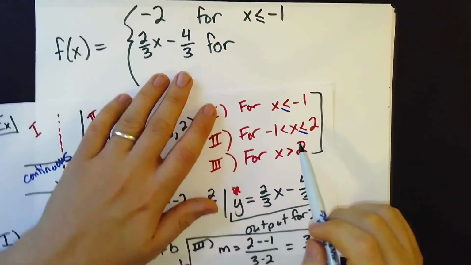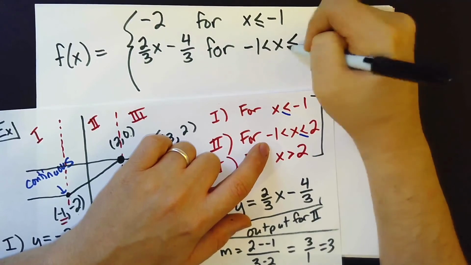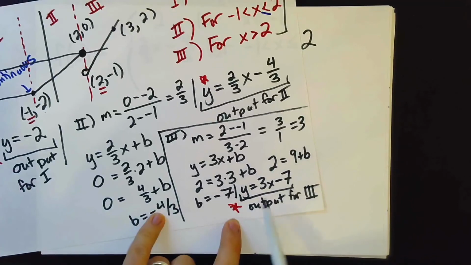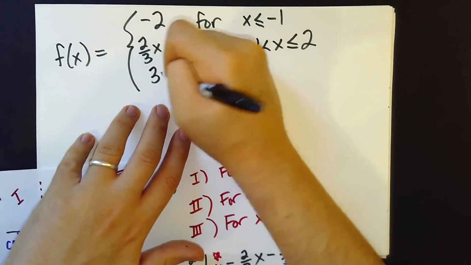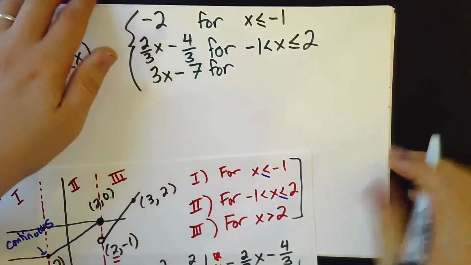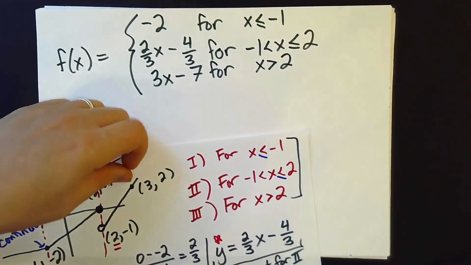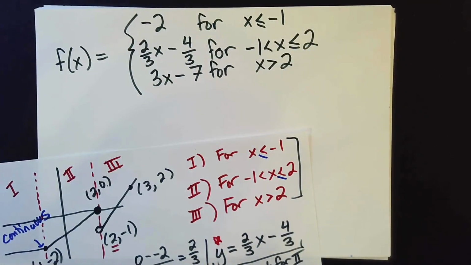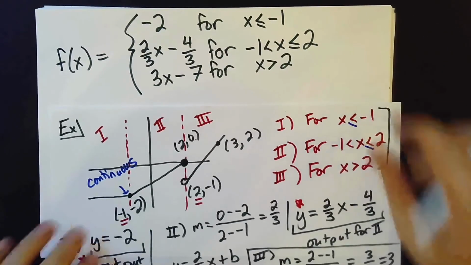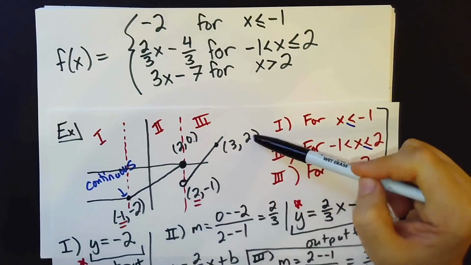And that portion was relevant for -1 less than x less than or equal to 2. And our third output was 3x minus 7. And that was relevant for x bigger than 2. And so at the end of the day, this is our final answer to how we would write a piecewise function which gave us this graph.